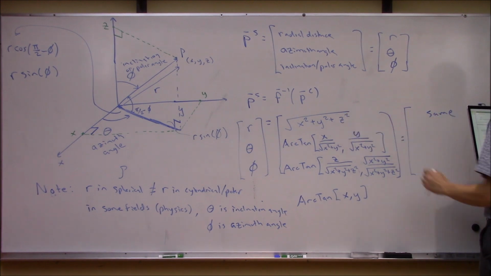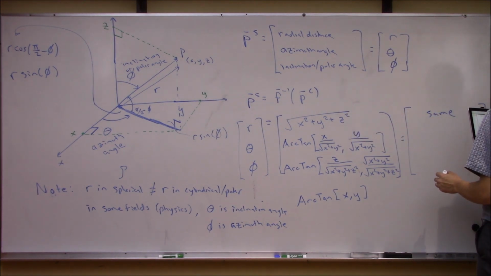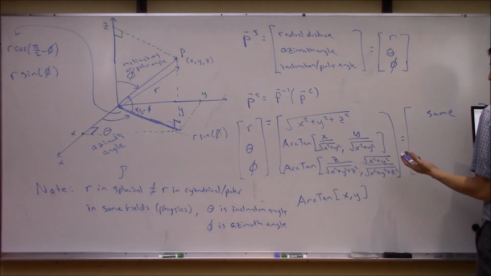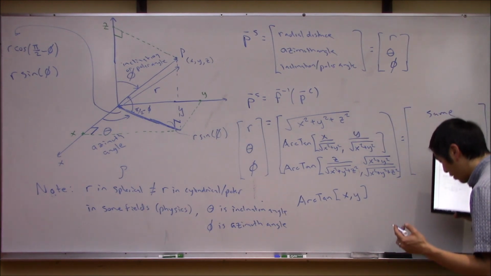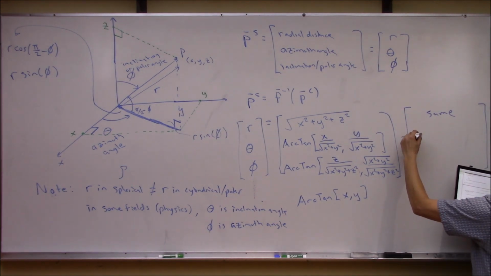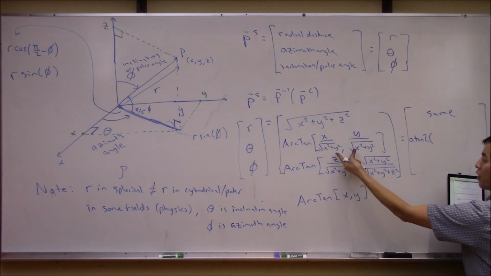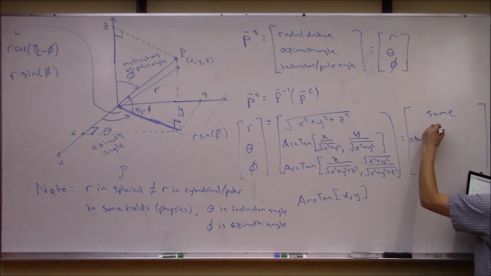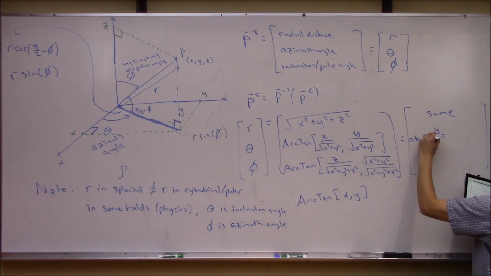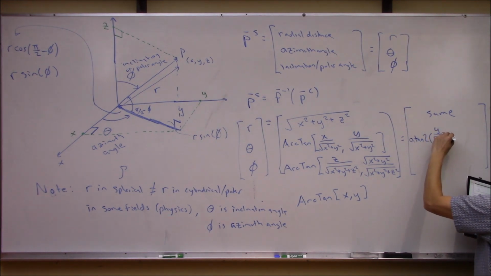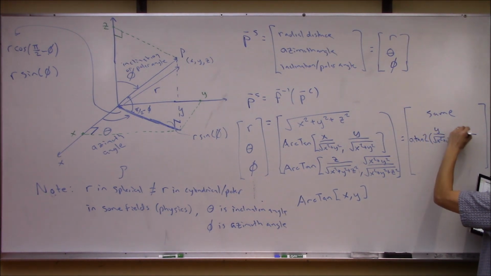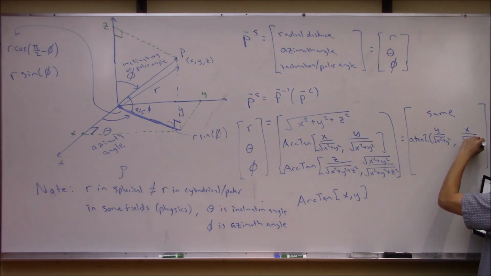It's going to be square root of x squared plus y squared plus z squared. Now, theta, if you wanted to solve this in, say, Mathematica or some other implementation, you would go atan2. But now all you got to do is just flip these input arguments. So really, this is going to be y over square root of x squared plus y squared, comma, x all over square root of x squared plus y squared.